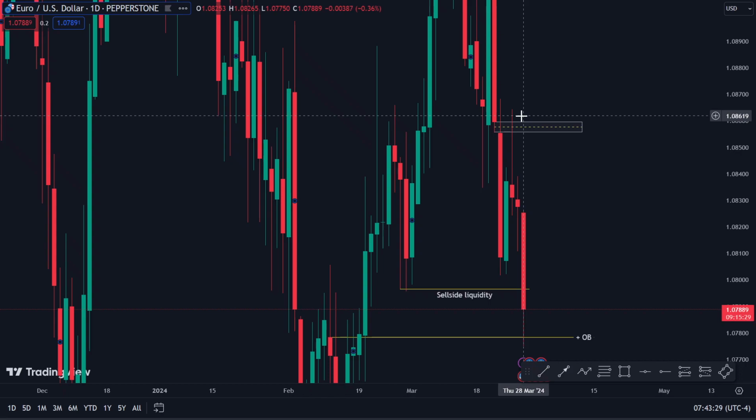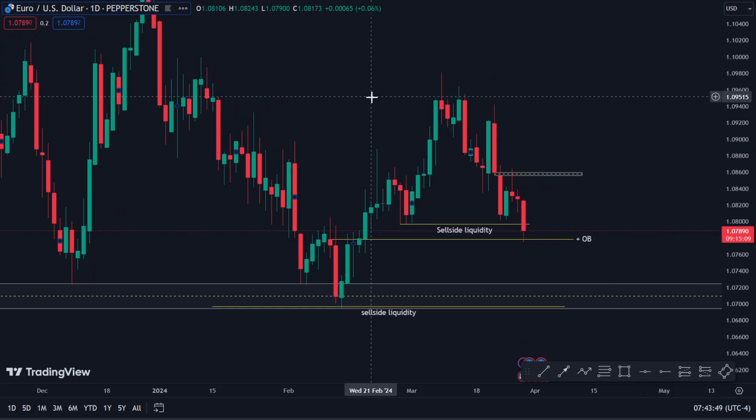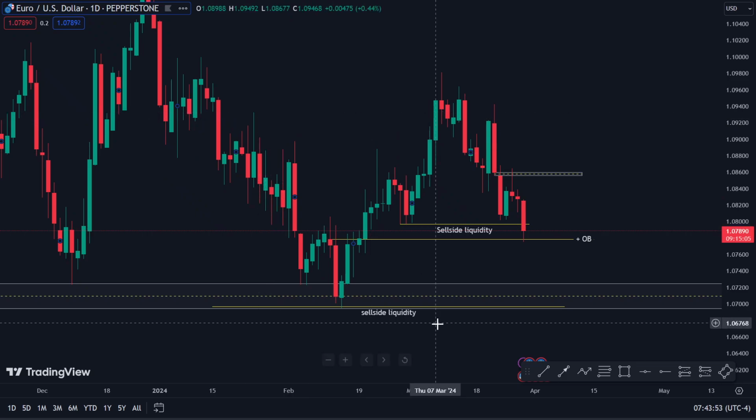So it forms a volume imbalance, and price treats that as, per ICT, a draw on liquidity. And also here we have a volume imbalance. We have no actual bodies passing through these candles. That's our volume imbalance.